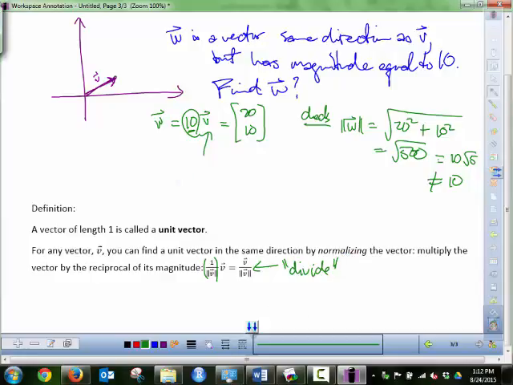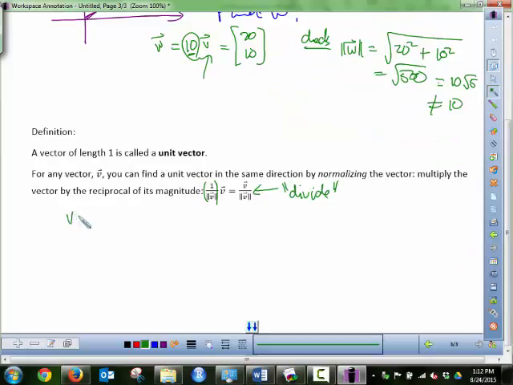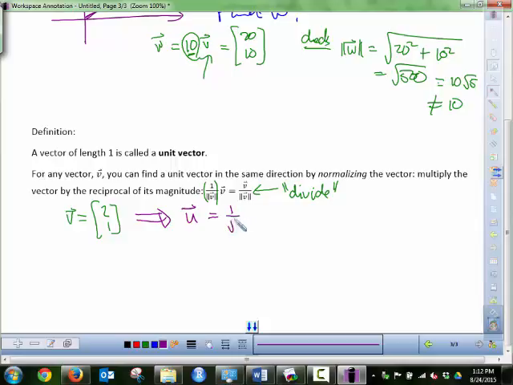All right. So let's make our v vector first. Let's make that into a unit vector, and we do that by multiplying by the reciprocal of the magnitude. We already got the magnitude, 1 square root of 5, right?